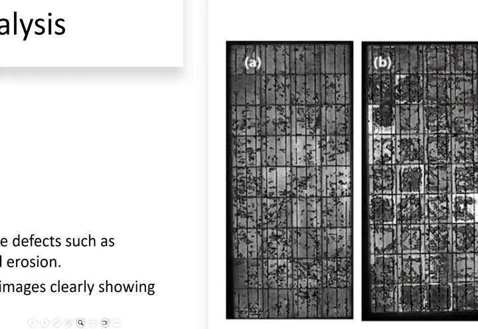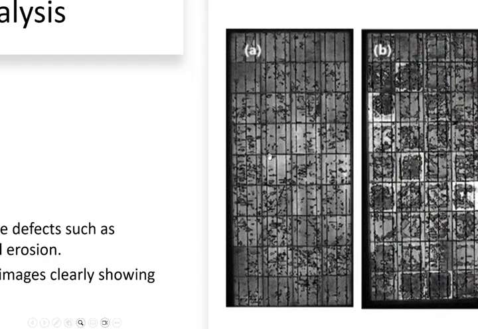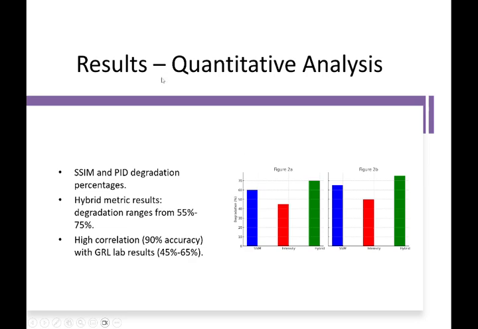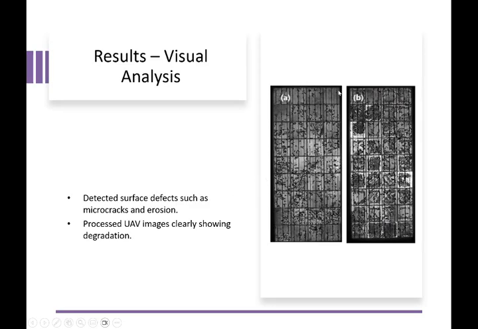And the corrosion is also here; the white part is basically corrosion. So these are the results we got, and then these are the quantitative results. For the SSIM and PID degradation percentage, the hybrid metric results show degradation ranges from 55% to 75%. This is the 55% degraded, and this is 75%.